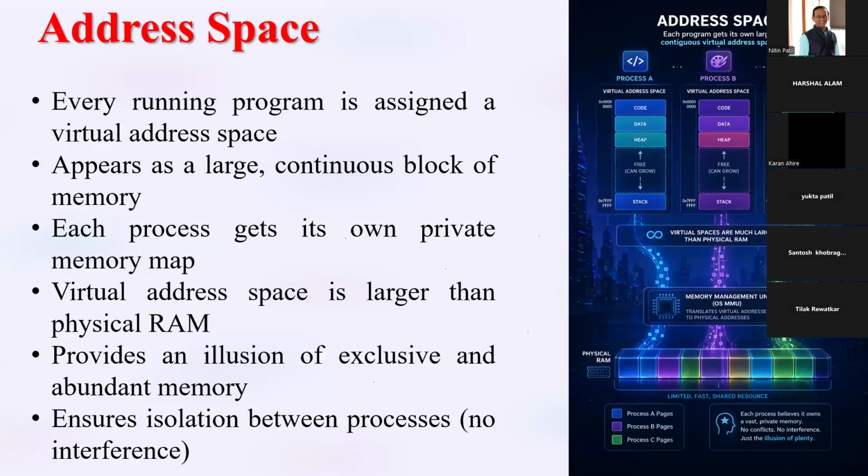Think of this as a private map of the memory. A complete, continuous view starting from the first address all the way to a very large upper limit. This space is contiguous, large, and completely private.